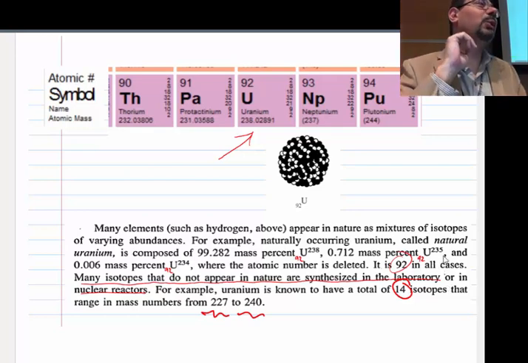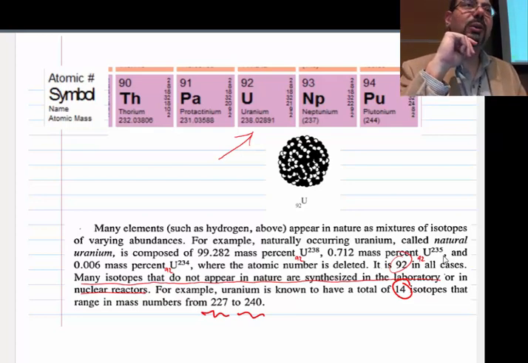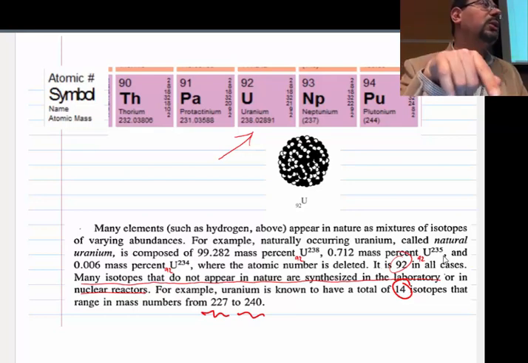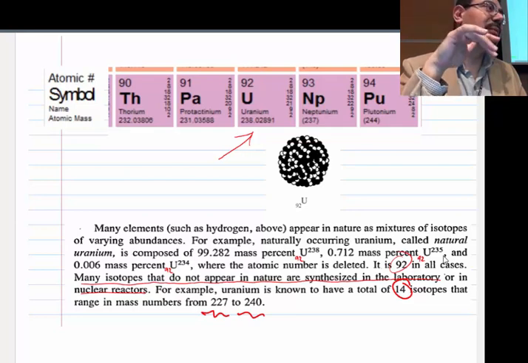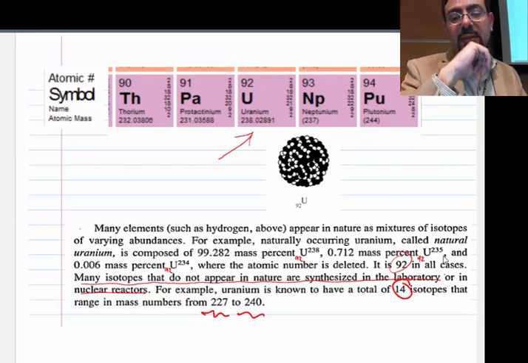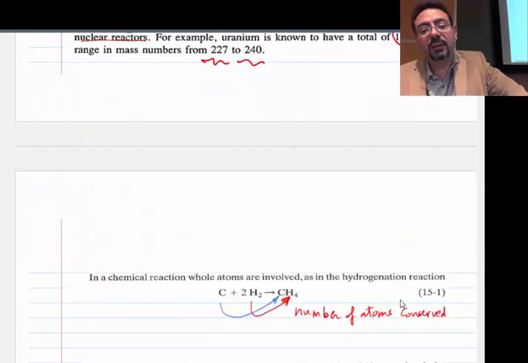So we need the one that only exists at 0.7% in the world, and the rest of the uranium, the 99%, is basically not useful for regular reactors. We will see how we can generate energy from it, but it's not useful for regular reactors. So unfortunately, we need only this 235.